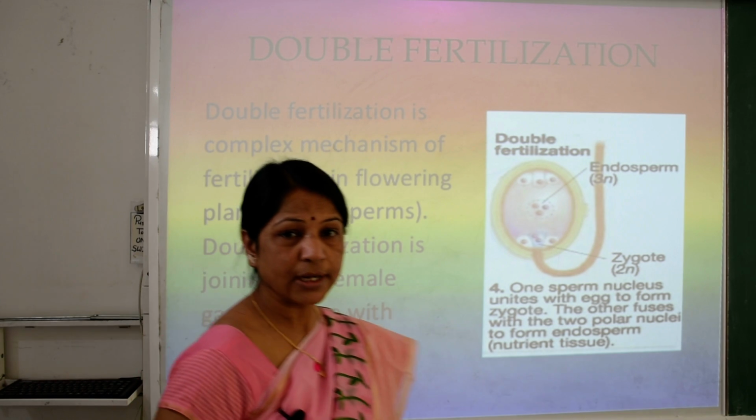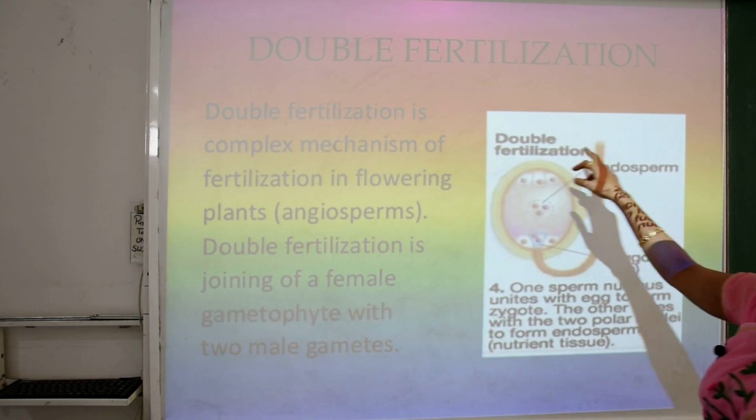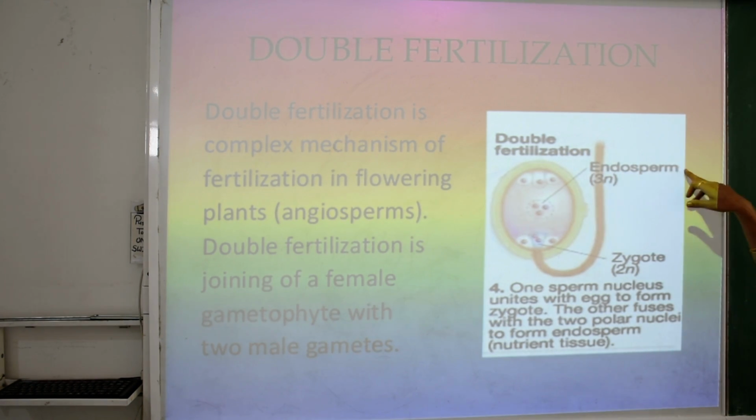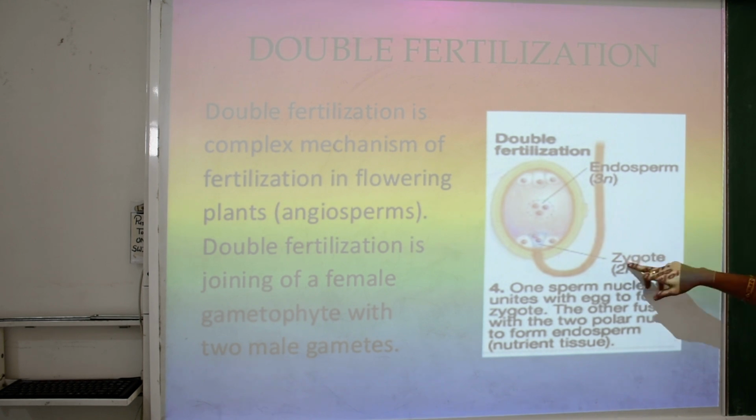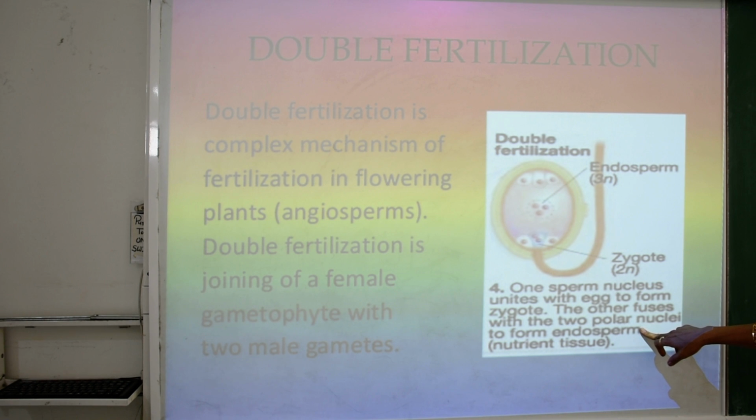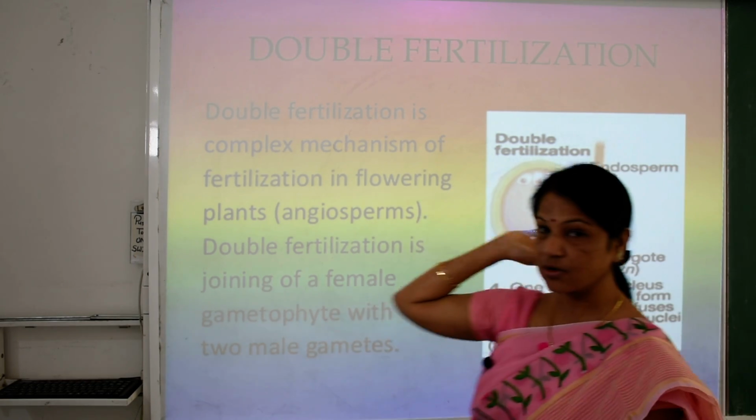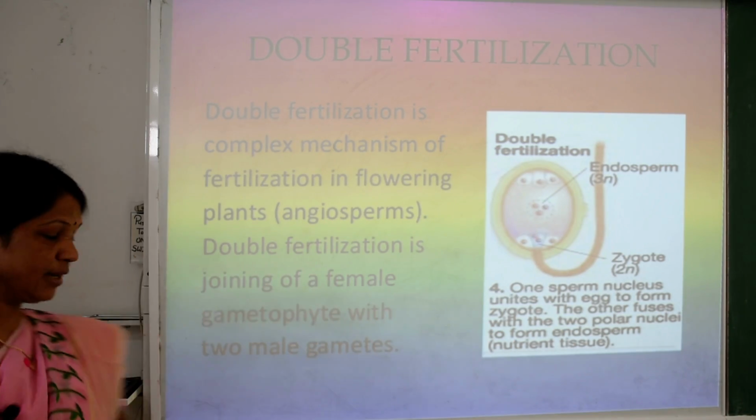Here it is shown in this picture: endosperm 3N, zygote 2N. One sperm nucleus unites with the egg to form the zygote and the other fuses with the two polar nuclei to form endosperm, the nutrient tissue. It is called double fertilization.